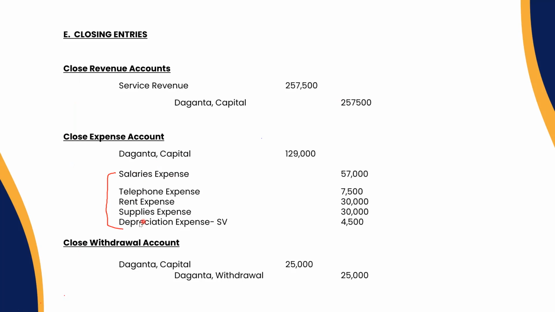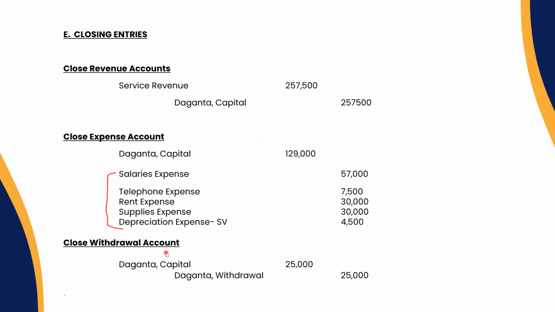If you record expenses, it's always on the debit side. But if you want to close it, you reverse it. You put it on the credit. Same with your withdrawal. You credit your withdrawal to close it to your capital account.